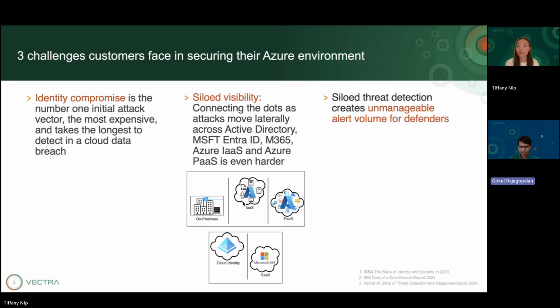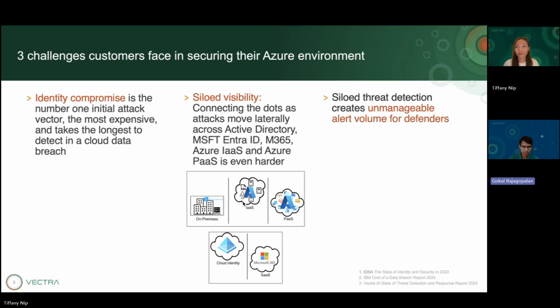I cannot tell you the number of times we've deployed one of our capabilities into the customer's cloud, and the first reaction is, "Wait, what? I didn't realize we had something deployed in this region, or I did not realize we had this account," things like that. And so, as a defender, that is your first starting disadvantage, if you will. And from there, it is just continuously a game of catch up.